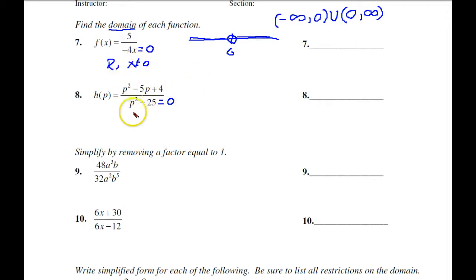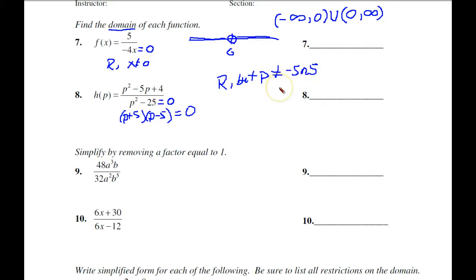And here, if you realize this is going to factor into its conjugates, so this is p plus 5, p minus 5. So here, x is a real number, but I guess it's the letter p, but p cannot be negative 5 or a positive 5.